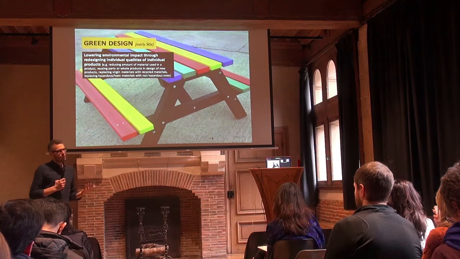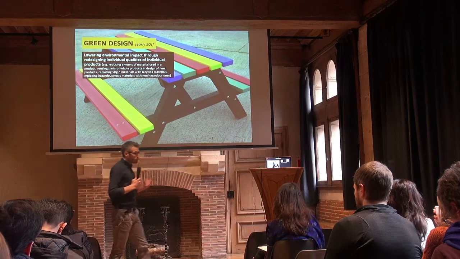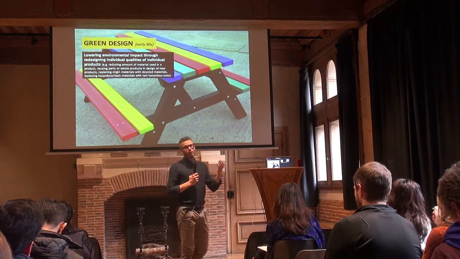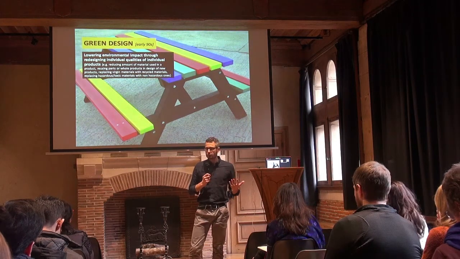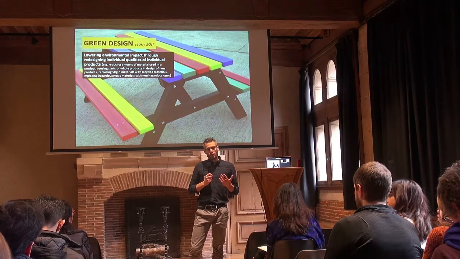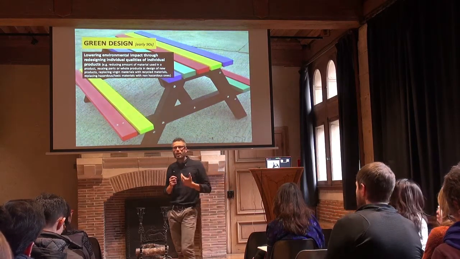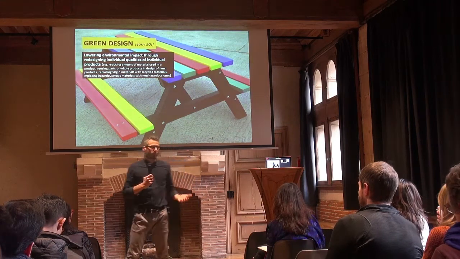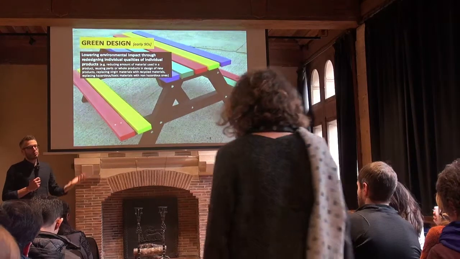And green design can be considered probably the first design for sustainability approach. The problem is that despite the fact that Papanek advocated for this large and wide transformation in design, green design is actually quite narrow, because basically it focuses on incrementally improving products through redesigning individual aspects of products.